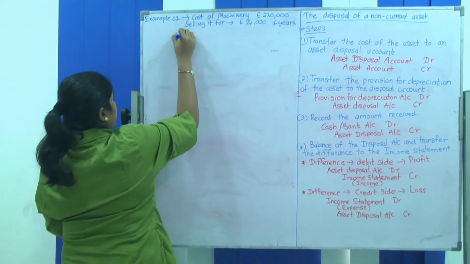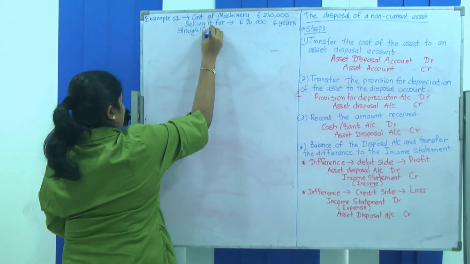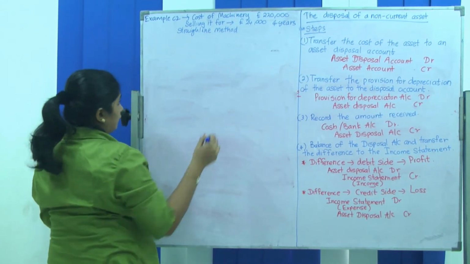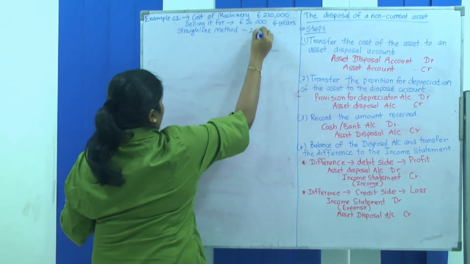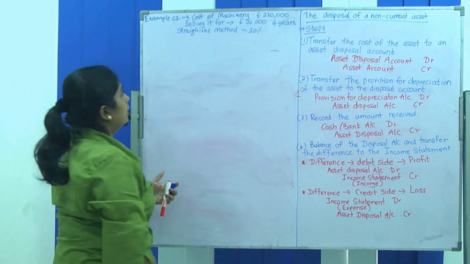The business is using the straight line method, 20%. So this one I have summarized, I have made a short form of a sum.